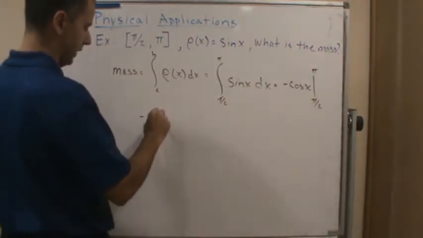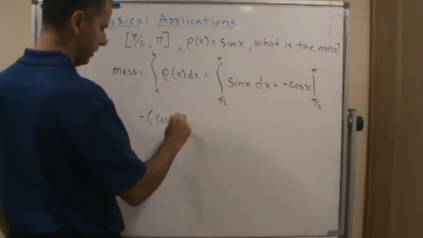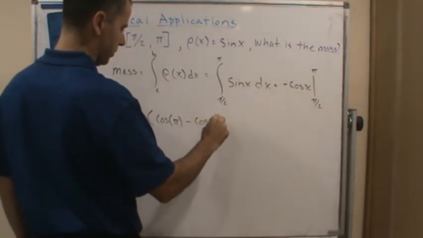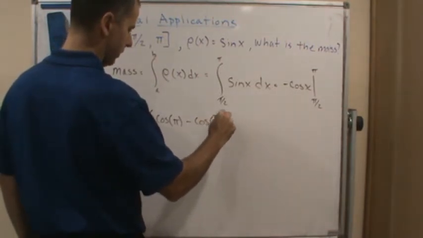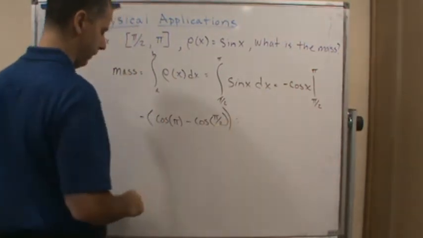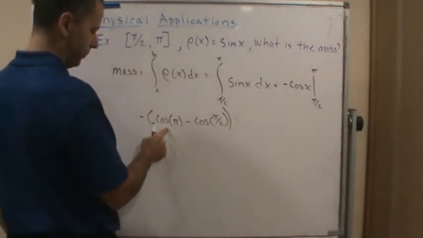Okay, so we get cosine of pi minus cosine of pi over 2. Well, what's the cosine of pi?